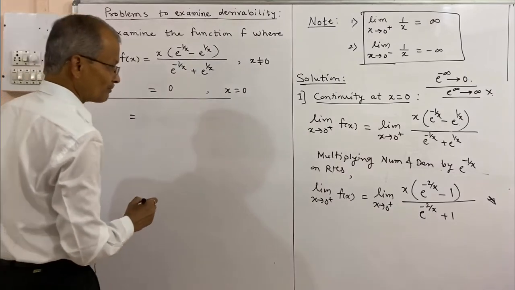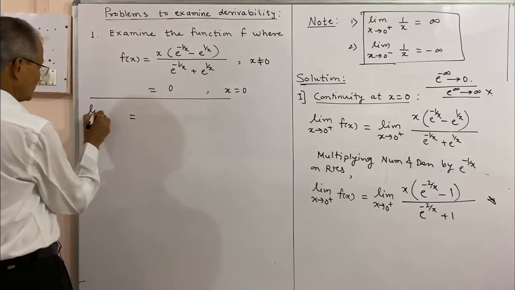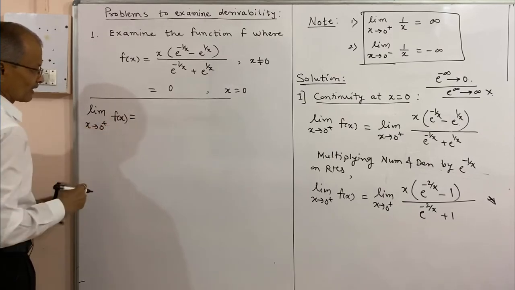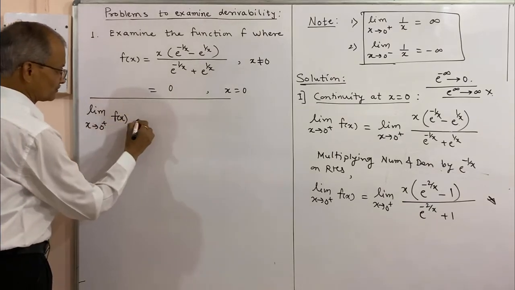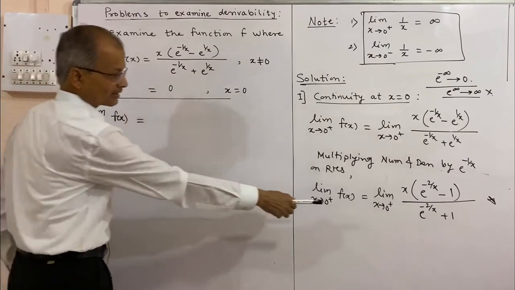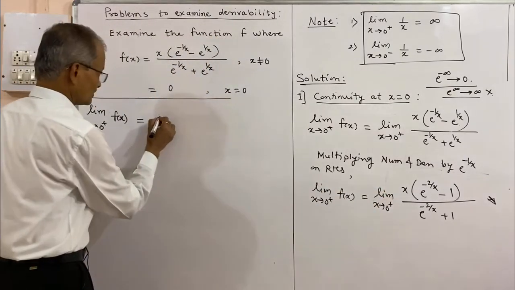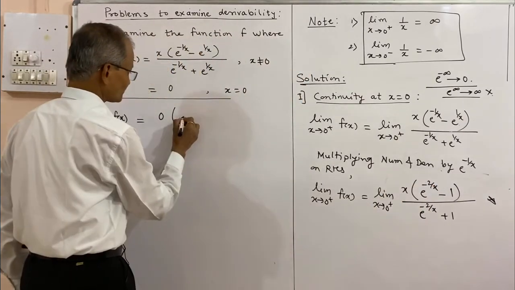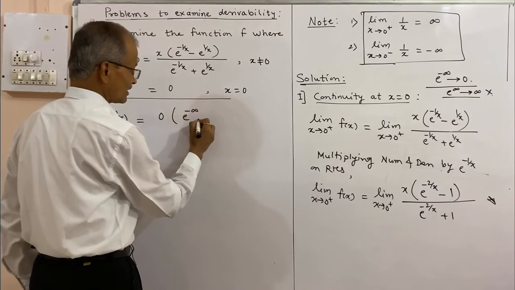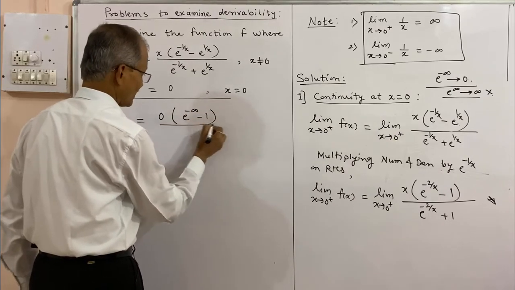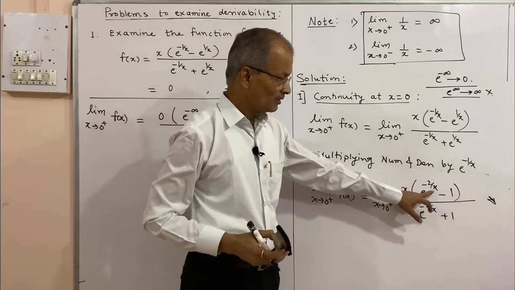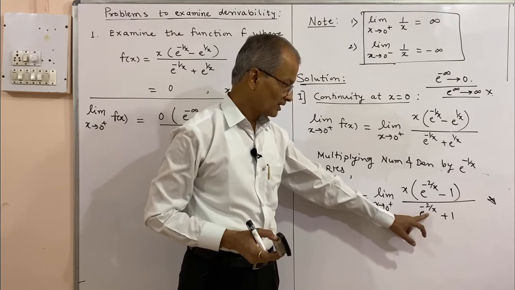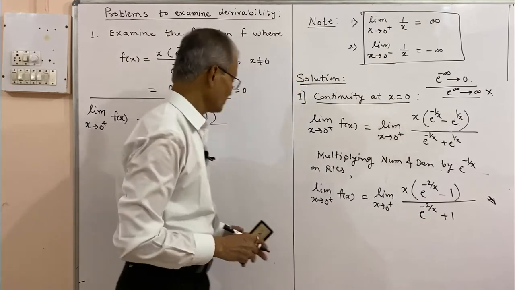So the limit as x tends to 0 from the right of f(x) is equal to the limit of x as x tends to 0, which is 0. So this is 0 into the bracket e raised to minus infinity minus 1, divided by, you remember 2 into infinity is again infinity, and here also it is the same term, so e raised to minus infinity plus 1.